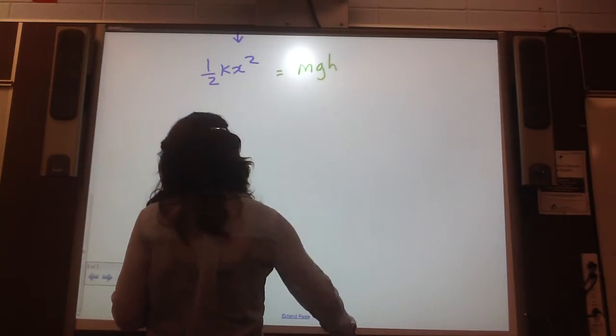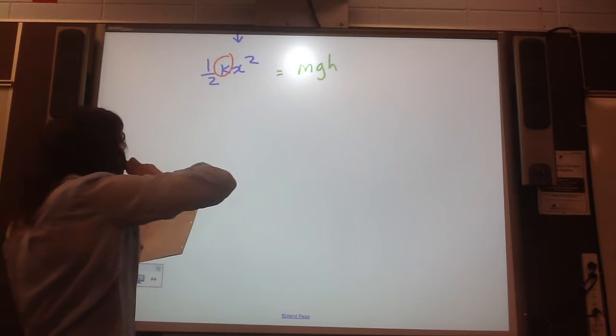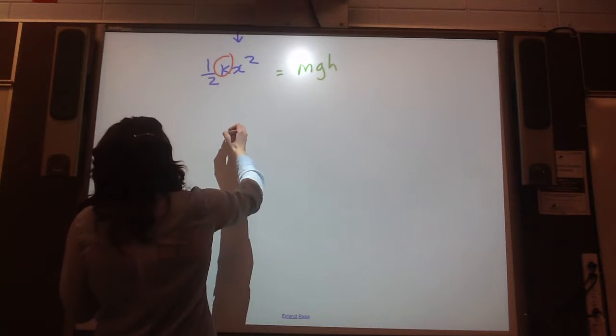What am I actually looking for here? I'm looking for k, so we rearrange to solve for k.